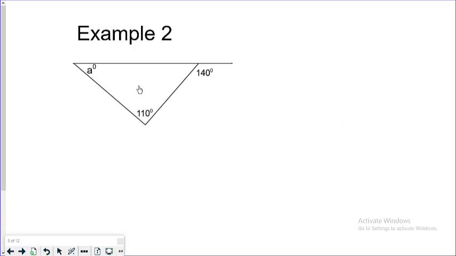Now this is our example 2. You always write down the relationship, whether you know this or that. Just write down the relationship. You know that this is the exterior angle.